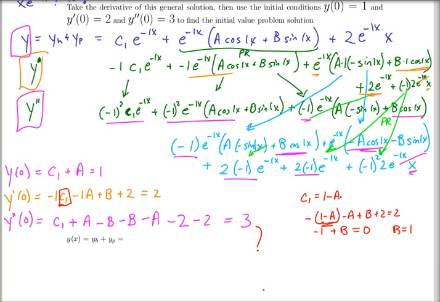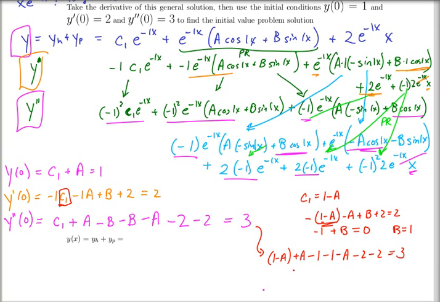Now we're going to use the third equation. And we've got 1 minus a plus a minus 1 minus 1 minus a minus 2 is equal to 3. I think we can solve this for a.